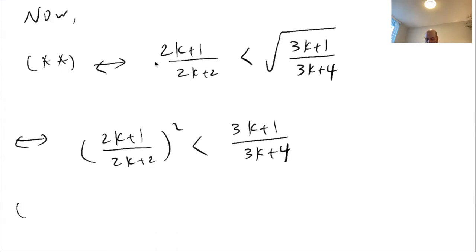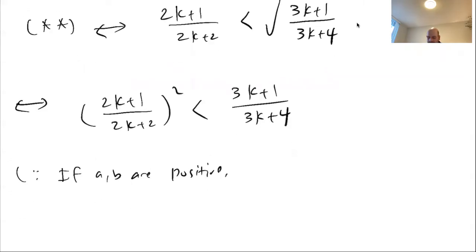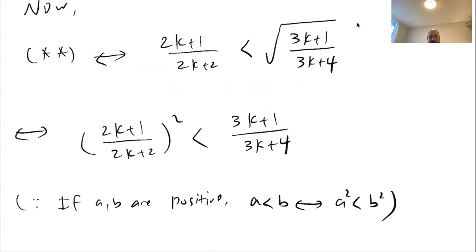Because, you know, if a and b are positive, then a less than b is equivalent with a squared less than b squared. So here, a less than b is equivalent with saying that a squared is less than b squared, because a and b are both positive.